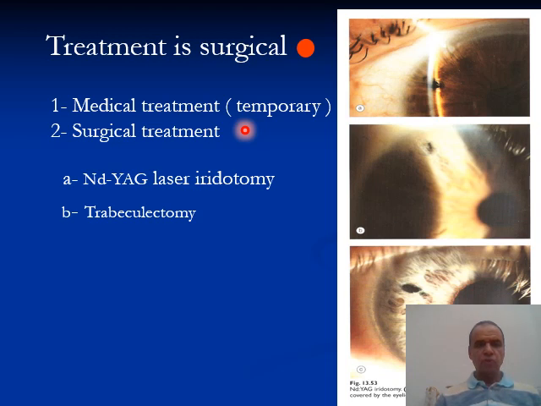So first we should start medical treatment just to lower the intraocular pressure and to make the eye more quiet, and then surgical treatment should be done to the affected eye and to the fellow eye to prevent a similar story. The surgical treatment is either the simple method of neodymium-YAG laser iridotomy, or trabeculectomy.